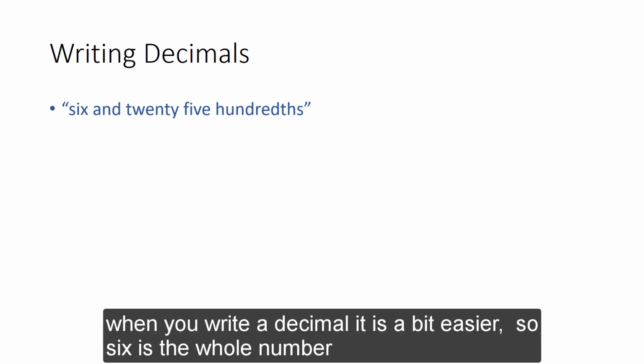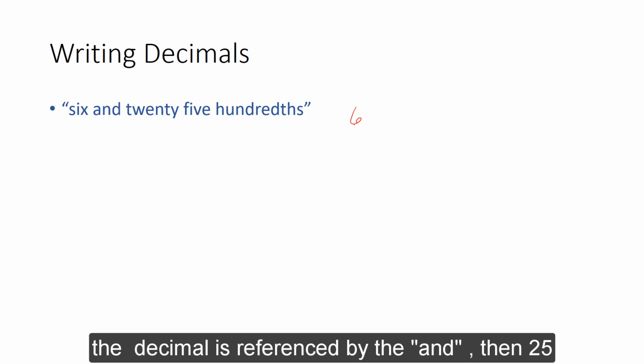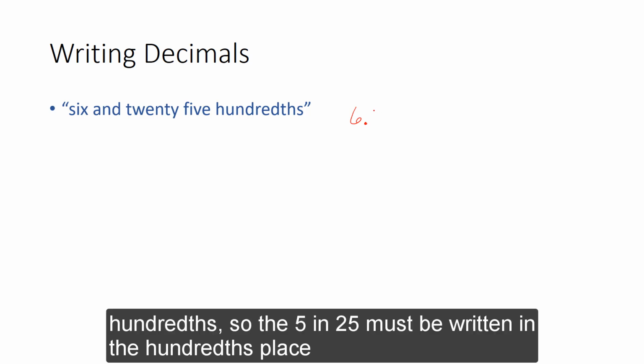So when you write a decimal, it's a little bit easier. So 6 is the whole number. The decimal is referenced by the "and," so 6 and, so there's the decimal point, 25 hundredths. The 5 has to be in the hundredths place, which it is.